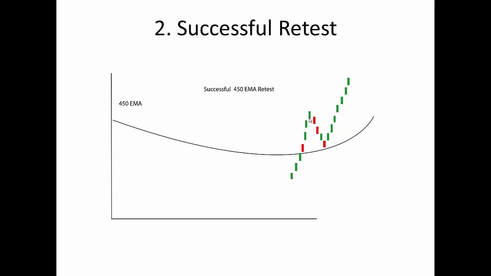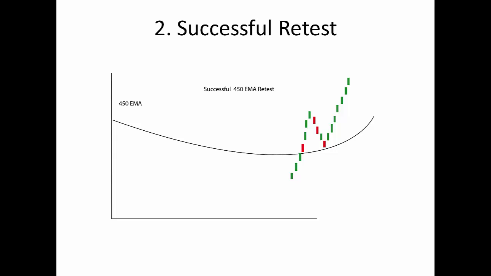And then they begin to make this pullback into the recently broken moving average as a resistance, in this case, because we are crossing up. So more or less soon we have a pullback into the 450 moving average. Depending on what happens after this pullback, we generate two possible scenarios.